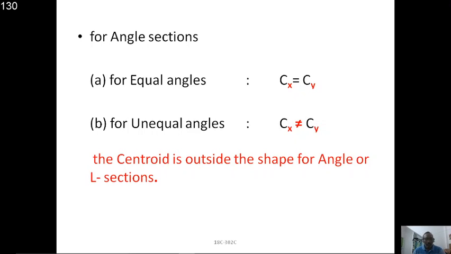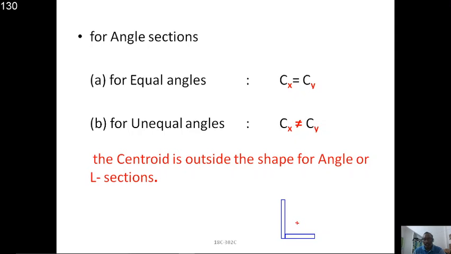And it is also observed that the centroid for the L sections or angle sections is outside of the given shape. That means if this is our L section, the centroid location is somewhere here.